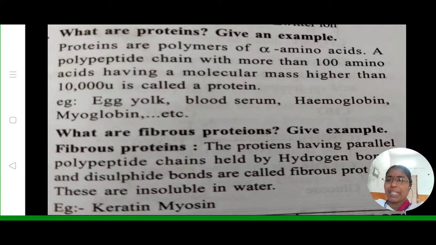A polypeptide chain with more than 100 amino acids having a molecular mass higher than 10,000 units is called a protein. Okay, I'm gonna repeat it. What are proteins? Proteins are polymers of alpha amino acids. So the definition of the proteins, I write: proteins are the polymers of alpha amino acids.